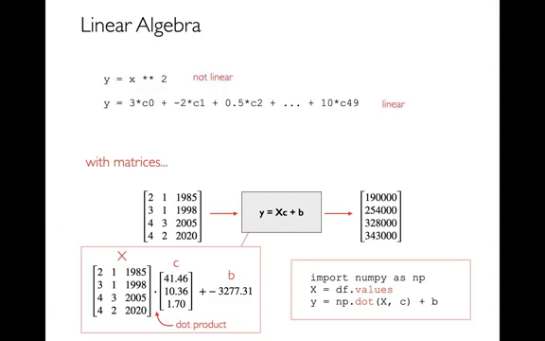So what is the scope of linear algebra, and what kind of things are we trying to solve? Well, one thing that we're not going to solve is something like this, y equals x squared. That is not linear. Anything quadratic or cubic or anything like that is not linear. Really, all we can do is multiply variables by numbers and then add things up. So this is an example of a linear equation.